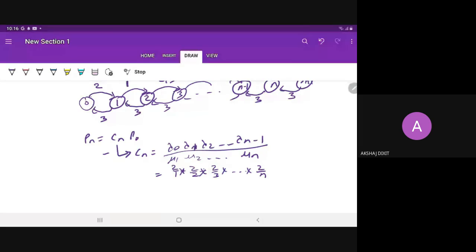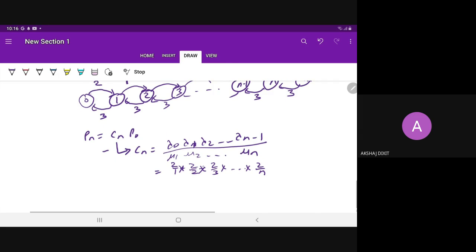For the lambda n minus 1, it is 2 by n upon mu 1, mu 2, mu 3, so 3, 3, 3, 3.